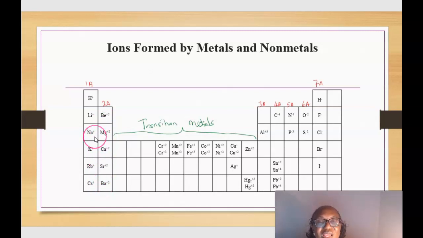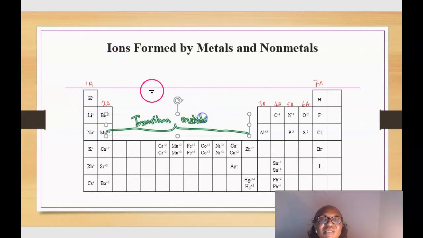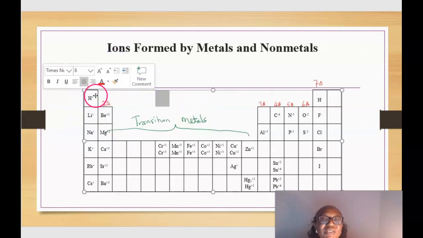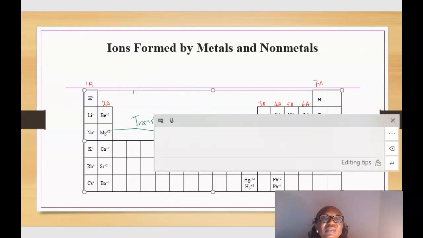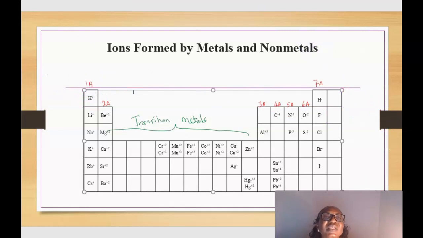So the name is the name of the element plus ion. So we can see hydrogen here. Hydrogen. When hydrogen has a +1 charge, as it is here, its name is hydrogen ion.